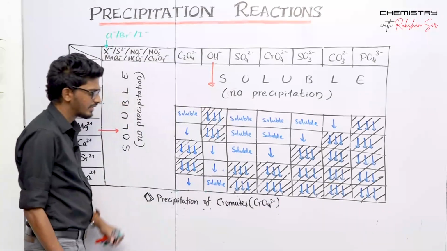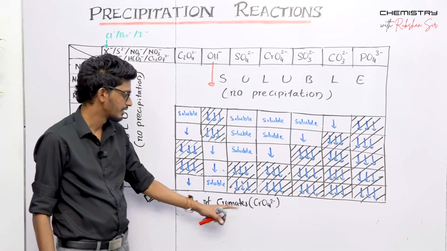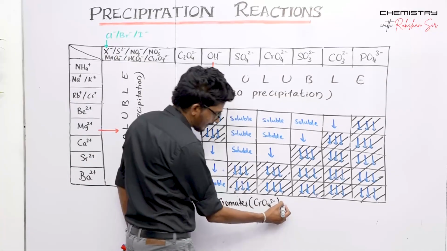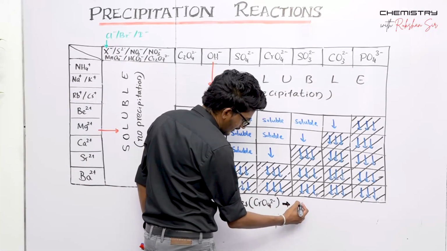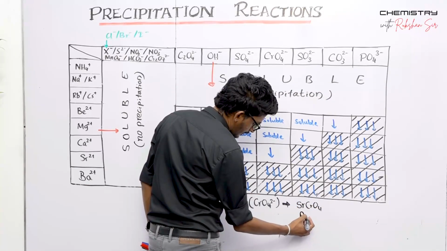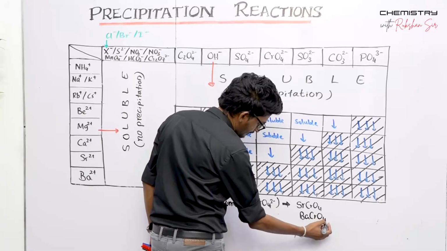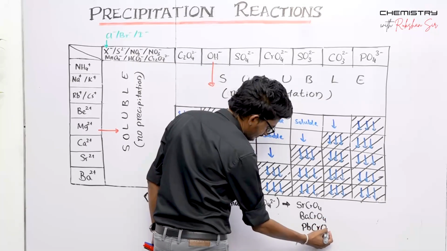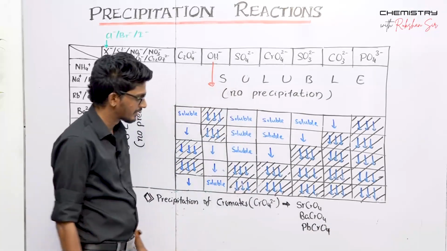Basically it follows the trend of sulfates. So what are the chromate precipitates available? Those are strontium chromate, barium chromate, and lead chromate. Those are the major three.